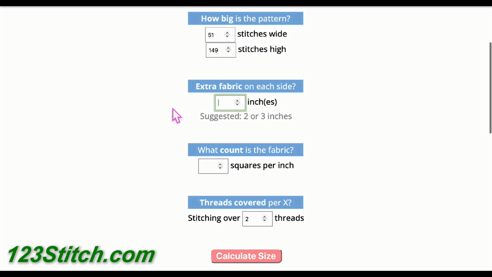Now this means how much fabric would you like around the design for finishing and framing? It's generally recommended that you do 2 to 3 inches. I'm going to do 3 inches. What count is the fabric? The pattern said it was done on a 32 count. And then the next question is threads covered per X. And the pattern again stated to do it over 2 threads.